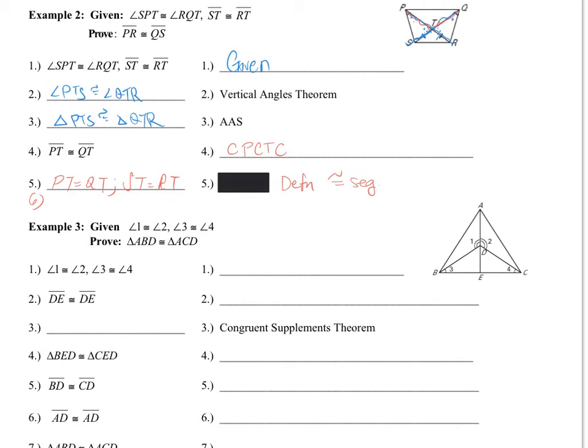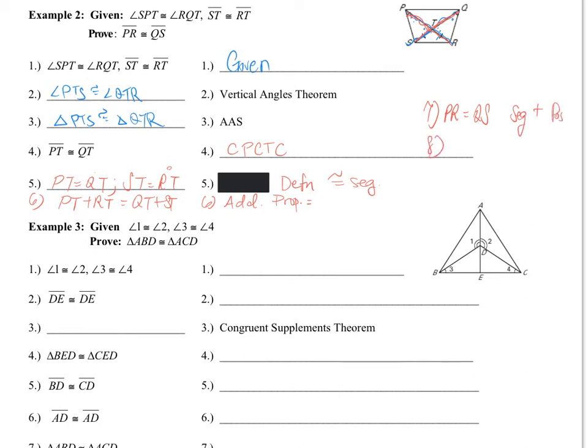But we need to add another step and do PT plus RT equal to QT plus ST. And this would be the addition property of equality. And by the 7th step, we can go ahead and conclude that PR is equal to QS by the segment addition postulate.